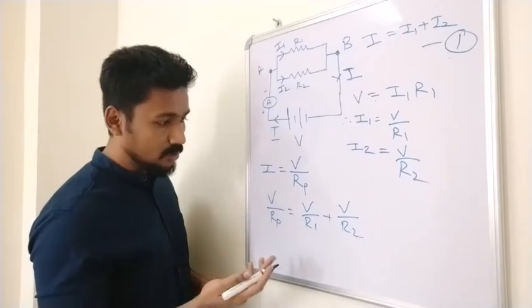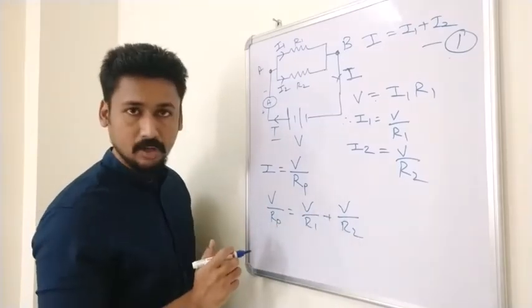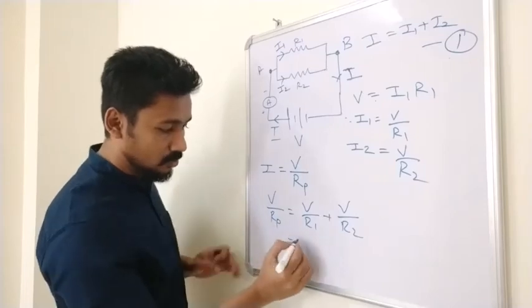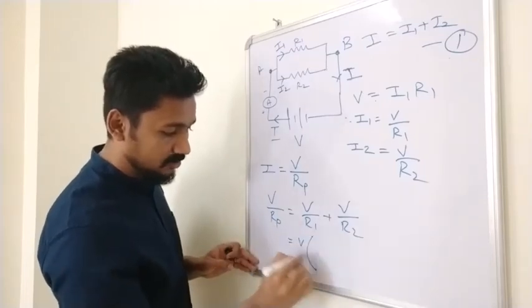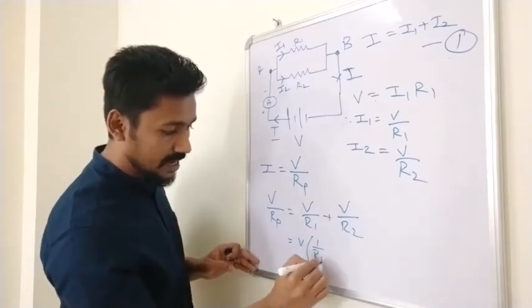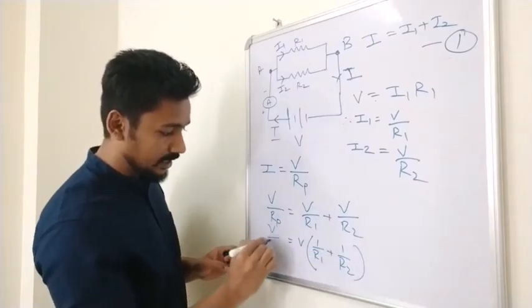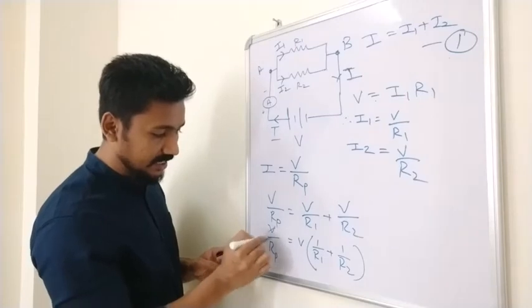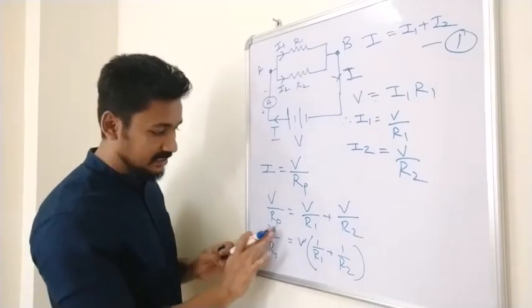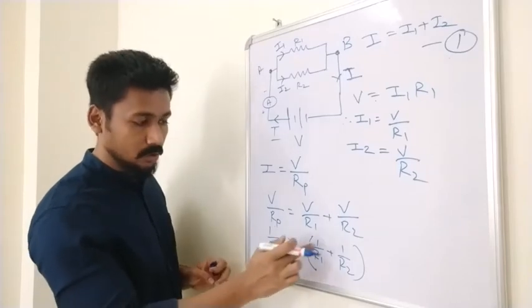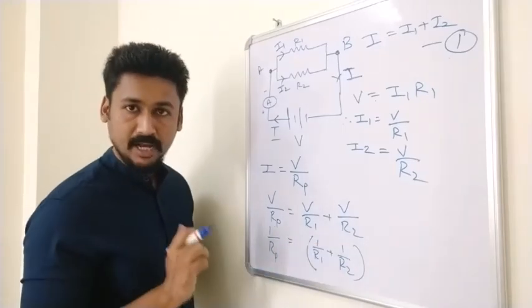Then what can you take common? You can take V common. Then you will get V upon RP is equal to V into 1 by R1 plus 1 by R2. And then once again we can cancel the common part, that is V. So you will get 1 by RP is equal to 1 by R1 plus 1 by R2.